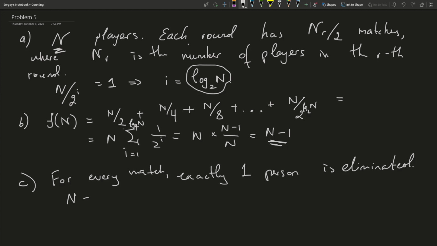Well, n minus 1 matches need to be played so that n minus 1 people get eliminated until we're left with just the winner. So the total number of matches is n minus 1.